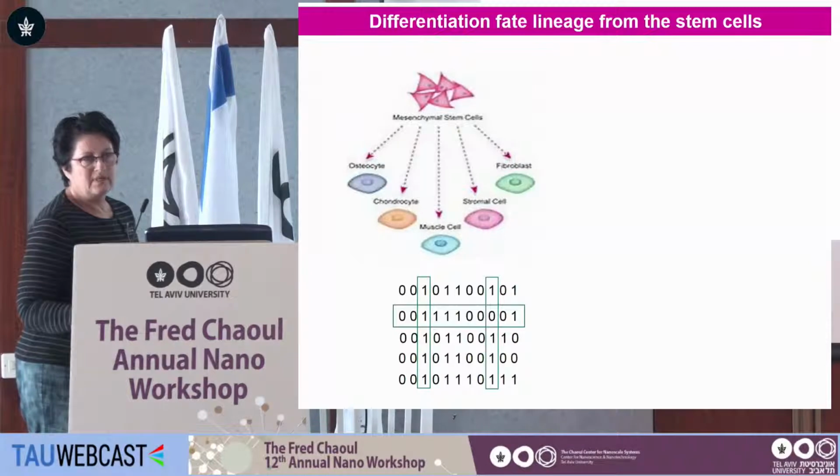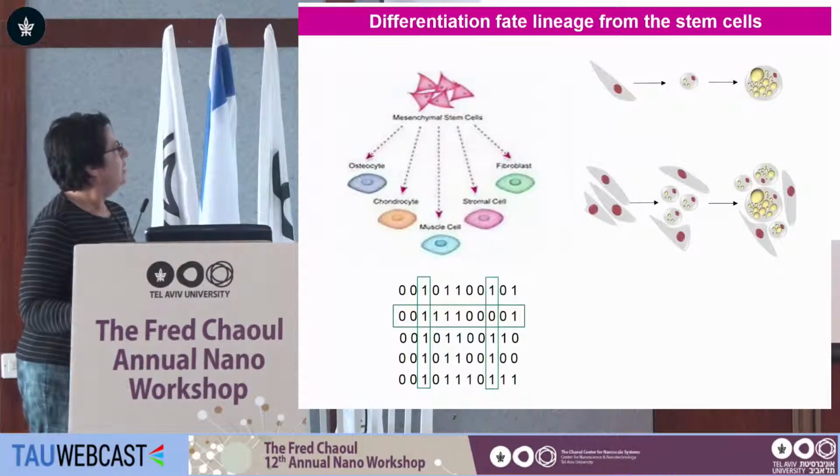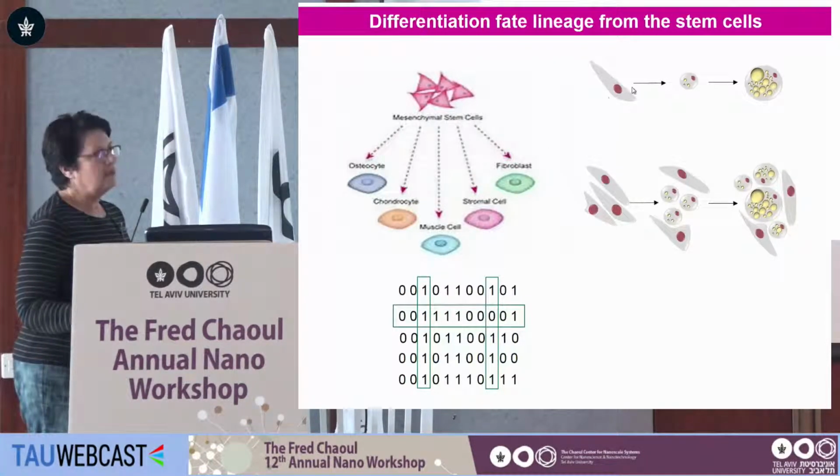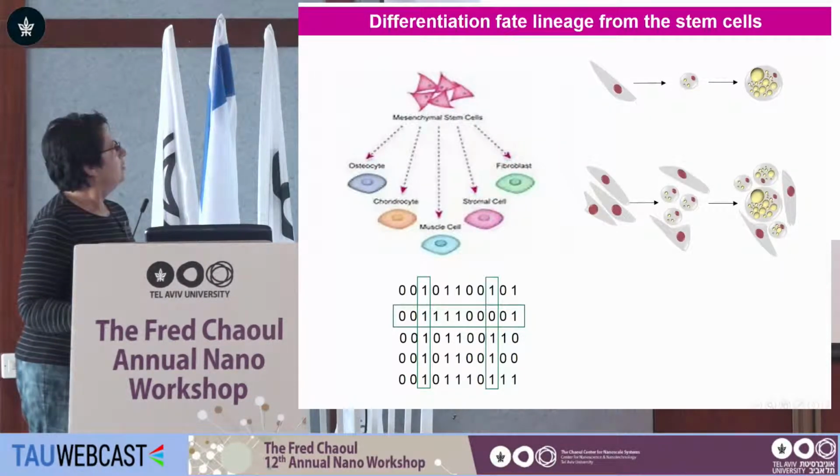Maybe we can find an algorithm that will tell us how cells go in one specific direction, how the stem cell, which is fibroblast-like, will decide whether to make more skeletal tissue or alternatively adipose tissue.